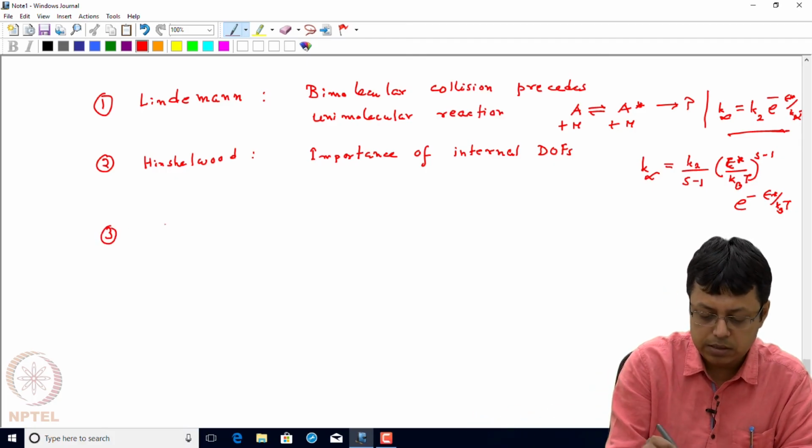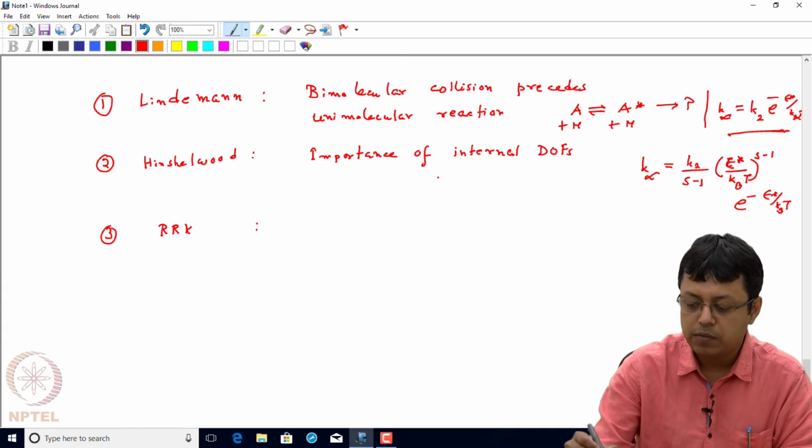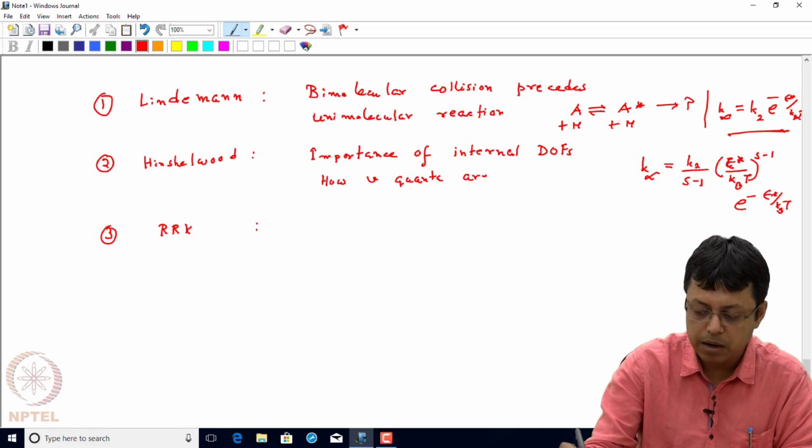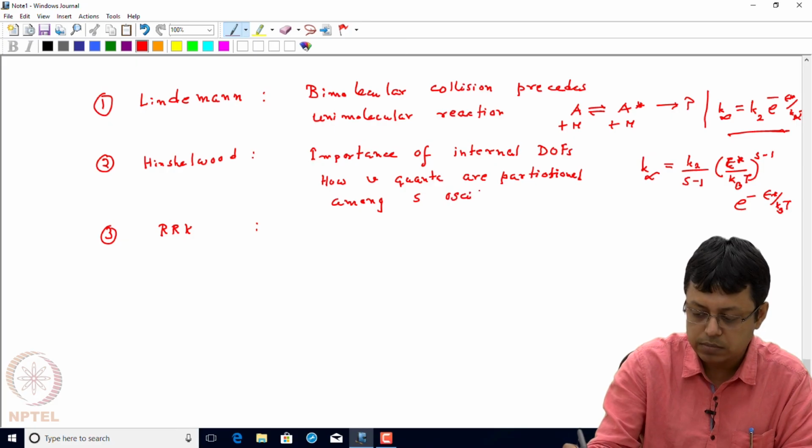And then there was the RRK formulation. Hinshelwood asked how v quanta are partitioned among s oscillators.